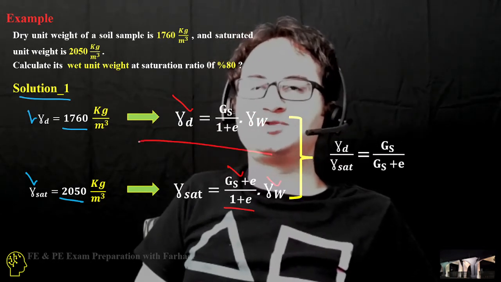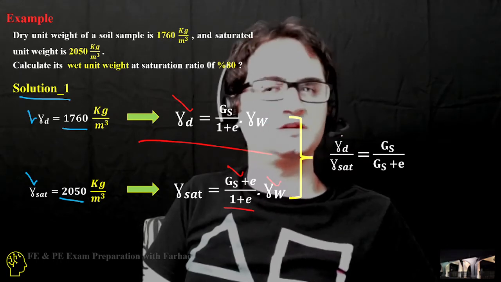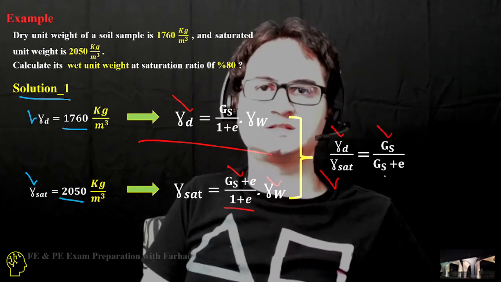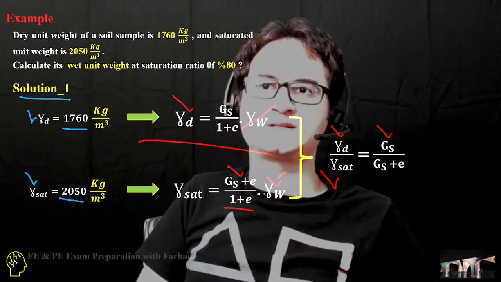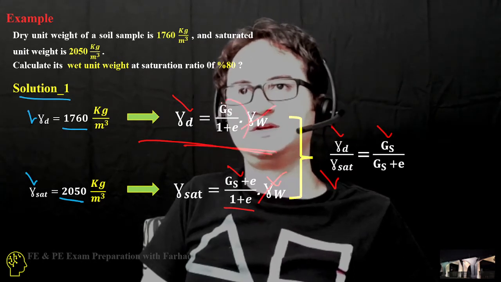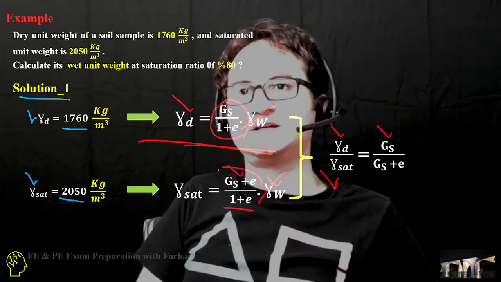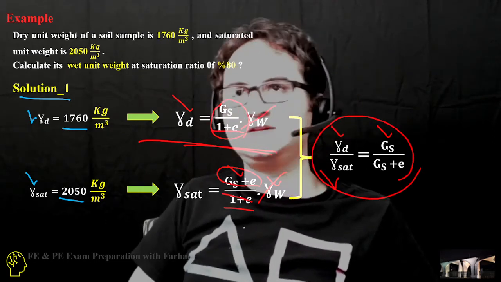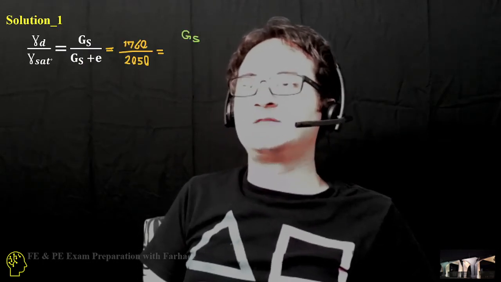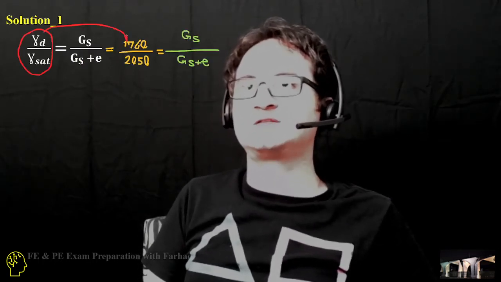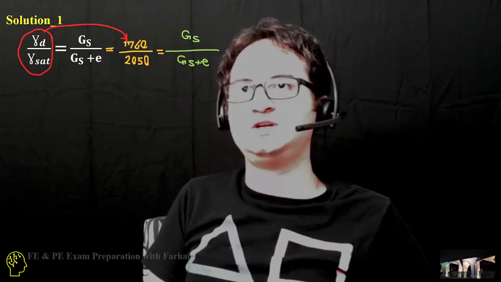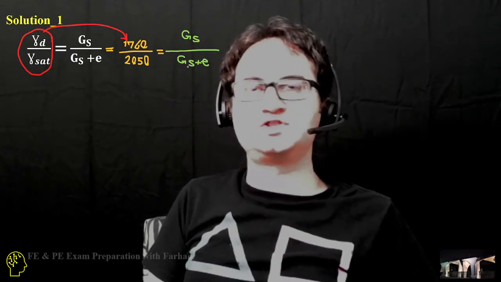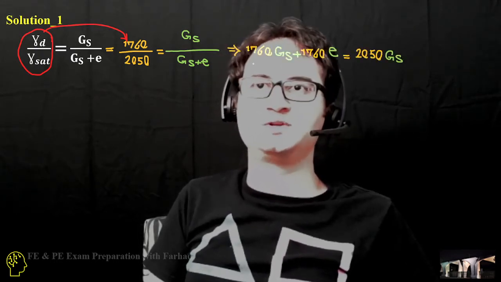If we divide these two equations, it gives a relation of gamma D over gamma saturated. Gamma W is cancelled out from both sides, and 1 plus E is also cancelled out, so we have GS over GS plus E. If we replace our numeric values, 1760 over 2050 is equal to GS over GS plus E, so we can get a relation between GS and void ratio.